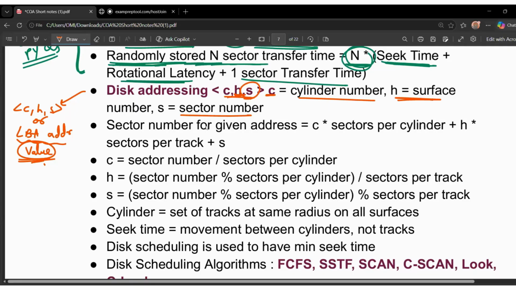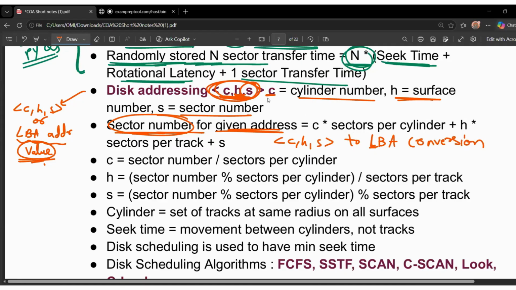Now we have seen it. So what is the sector number for a given address? If you have given this address, what is the sector number for it? So this is the CHS to LBA conversion, right?